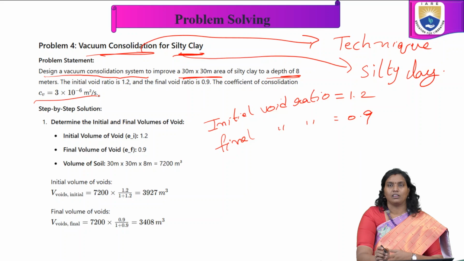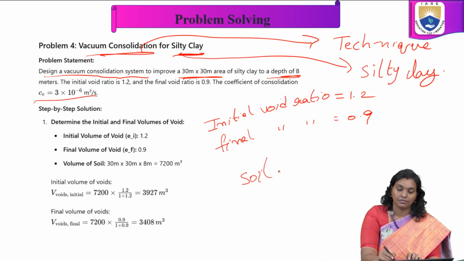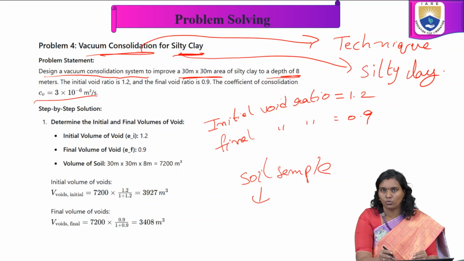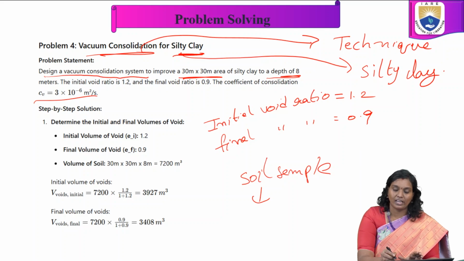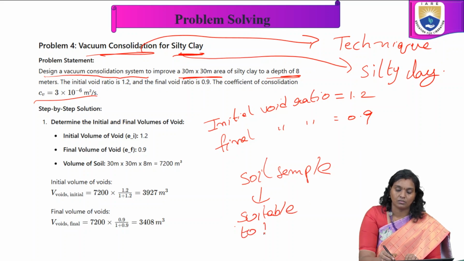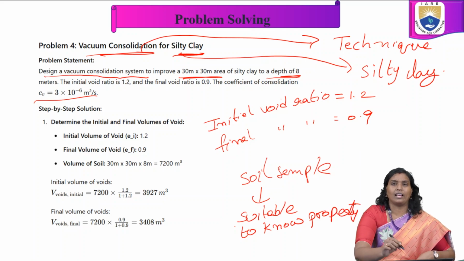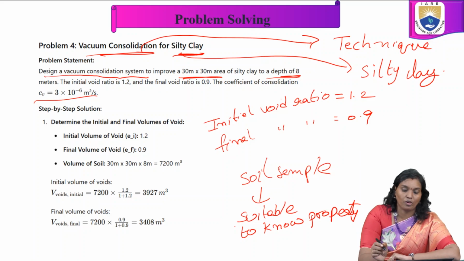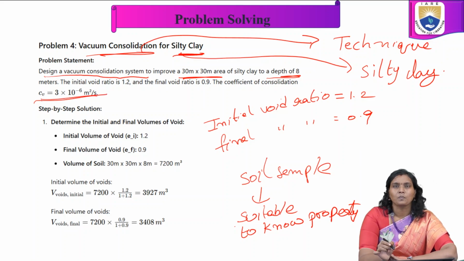If not mentioned, we collect the soil sample and do the required laboratory tests, or conduct on-site tests, in situ tests or laboratory tests, whichever is suitable to know the property. Here, as per the problem statement, the coefficient of consolidation is equal to 3 into 10 to the power of minus 6 meters per second.